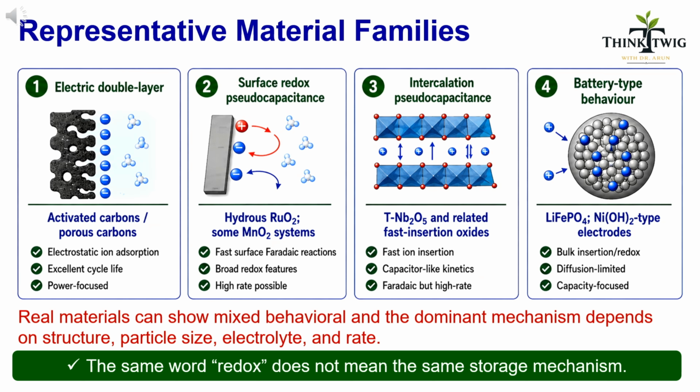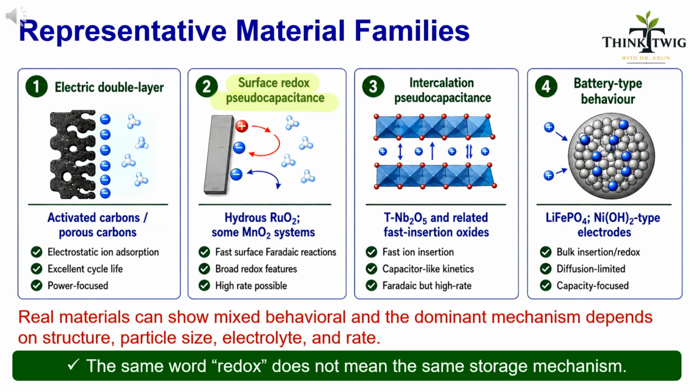Let us now connect these mechanisms with their representative material families. For electric double layer storage, this shows activated carbon and porous carbons. Their principal role here is electrostatic ion adsorption with strong power oriented behavior.